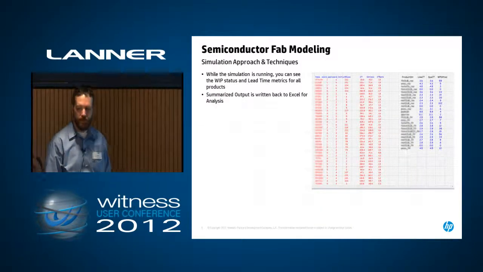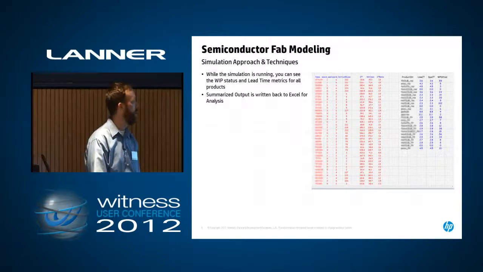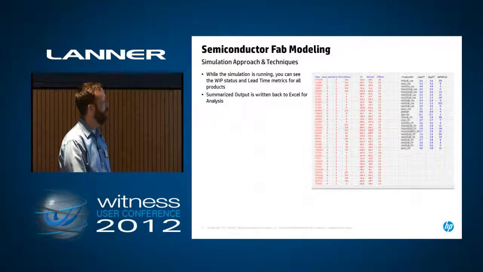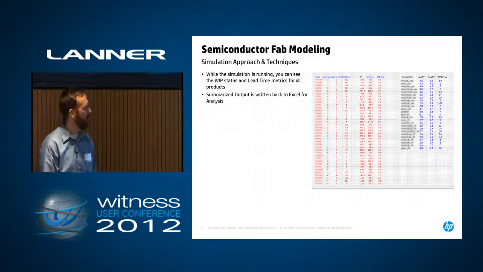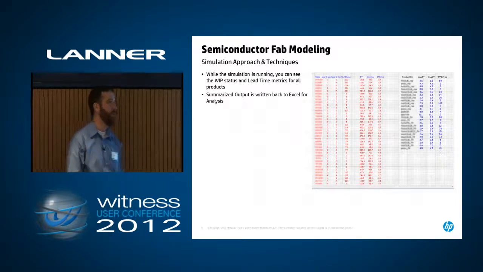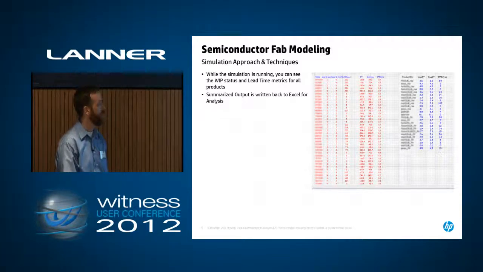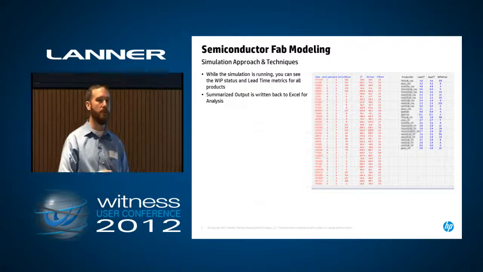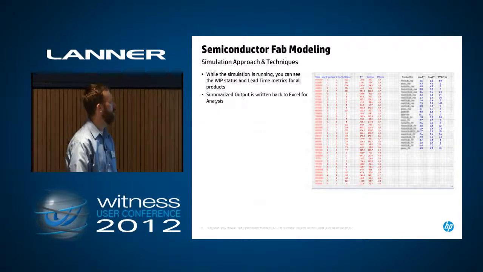So while the simulation is running, you can see some of the cycle time statistics here and also the product lead time. And typically this is actually run in a batch mode, so we don't typically just watch the simulation run. We just write the simulation output back to Excel for further analysis and take a look at the output.